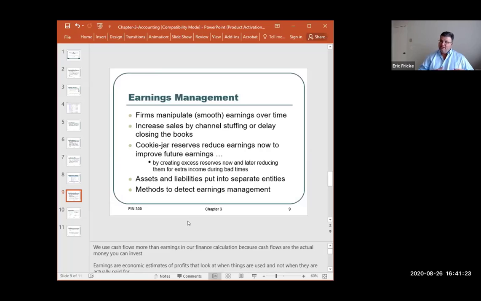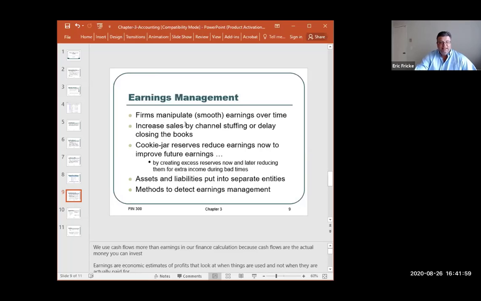And sometimes because of this ambiguity on how to estimate expenses and when to incur them, companies take advantage of this gray area and they can manipulate their earnings somewhat. Sometimes we call this earnings management. Sometimes it's called earnings manipulation. Sometimes it's called smoothing earnings. And companies can do this in different ways. Some of it's legal, but some of it's also illegal. It depends on what they're doing.